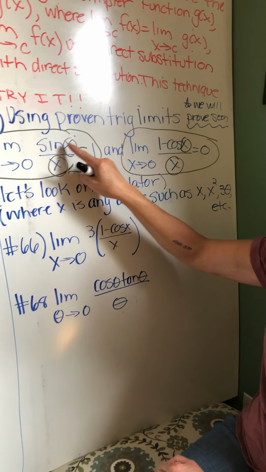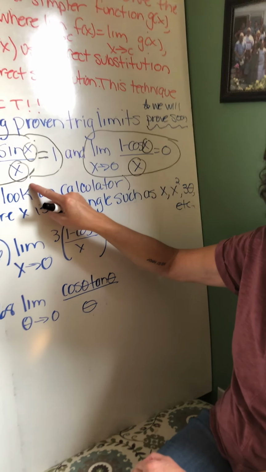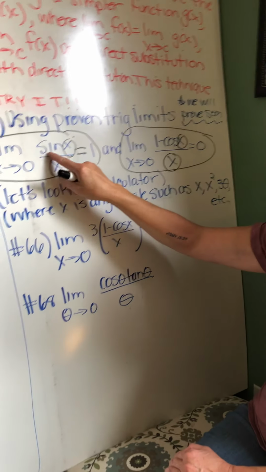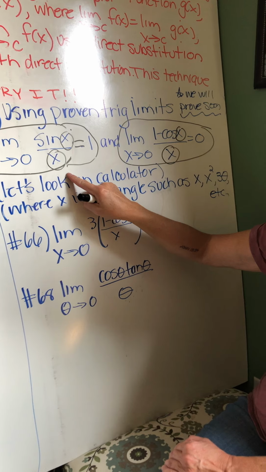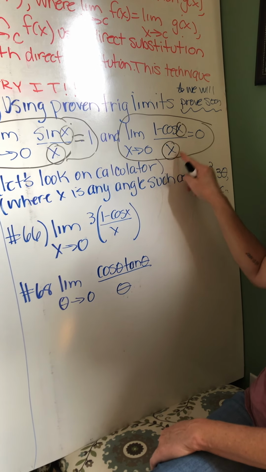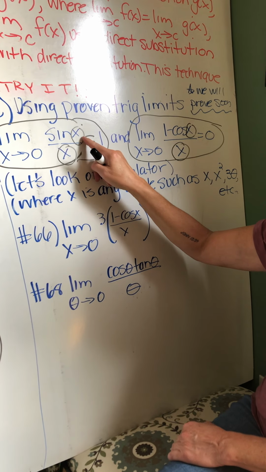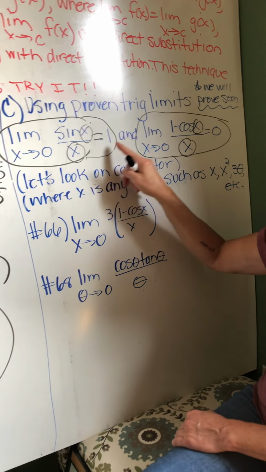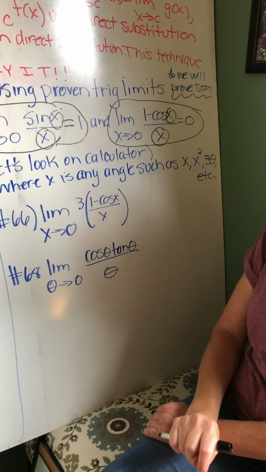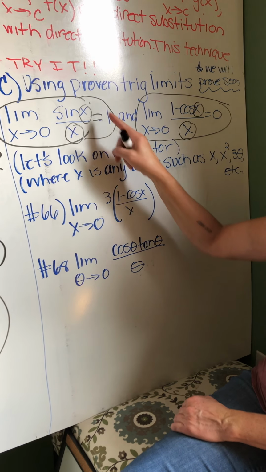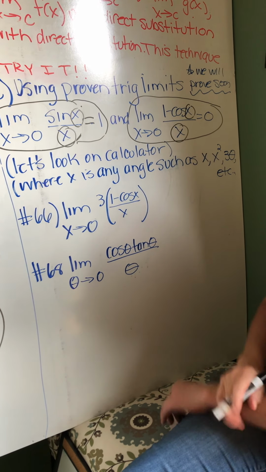The sine of x squared over x squared is still 1. The sine of an angle divided by the angle. Same here. I could have 3 theta right here. Sine of 3 theta divided by 3 theta, that limit is still 1. Okay, so it's not just an x, it's the angle divided by the angle.